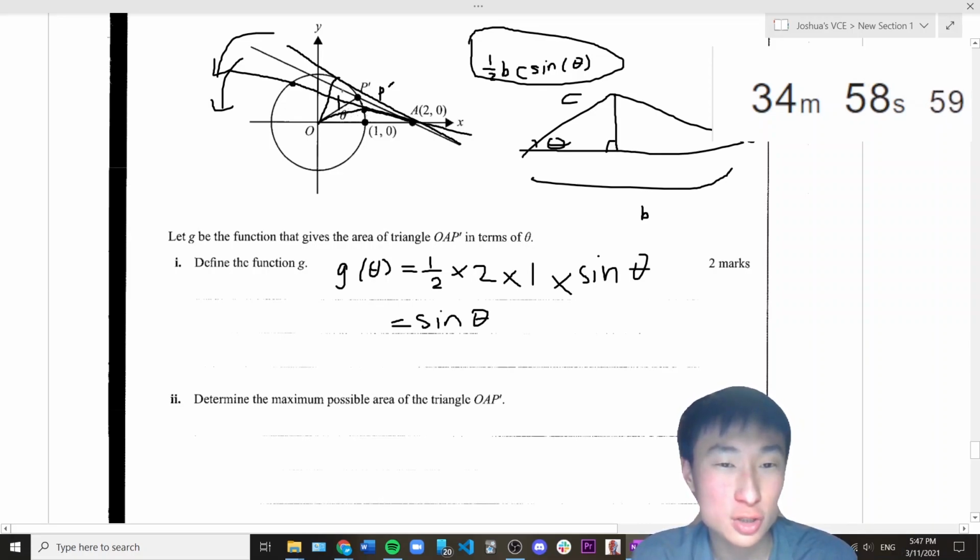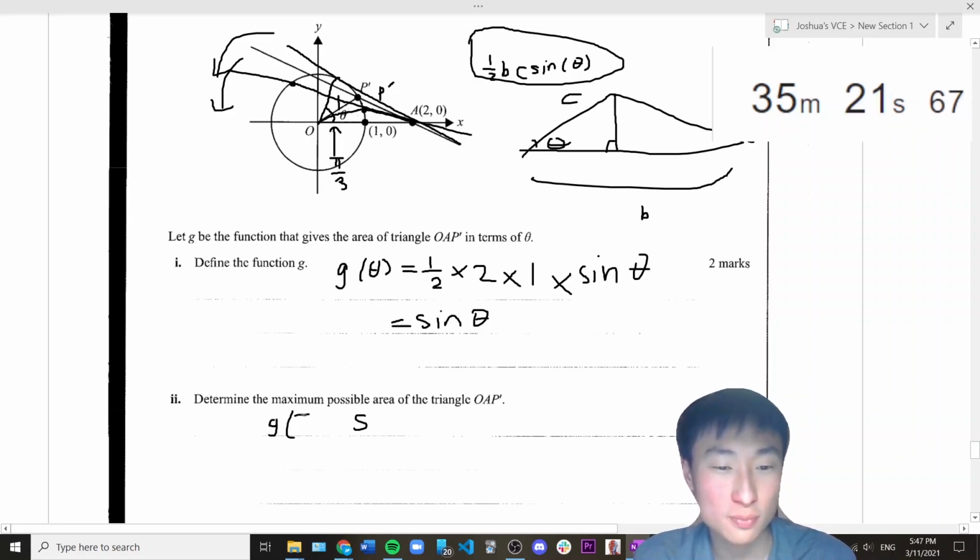Which means the greatest area of this triangle should be when this is tangential, which is pi on 3, 60 degrees, right? Because we had our 30, 60, 90 triangle before. So pi on 3, I think.